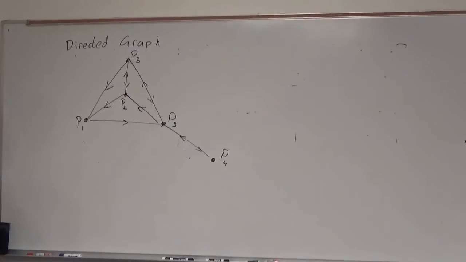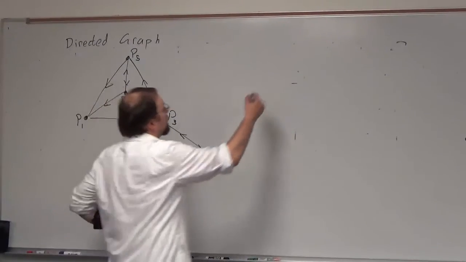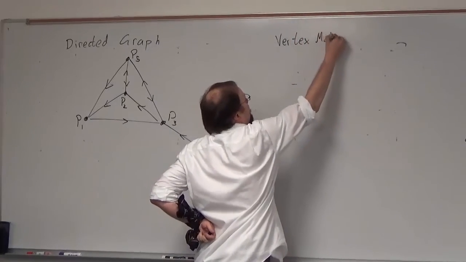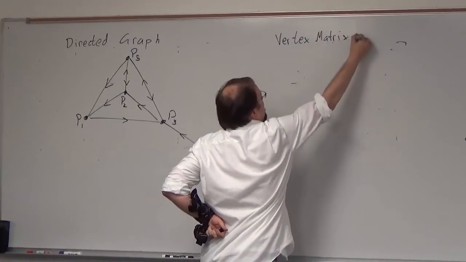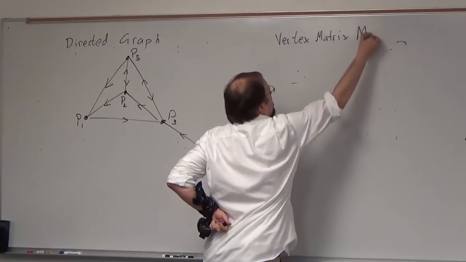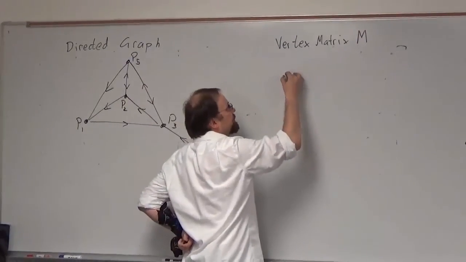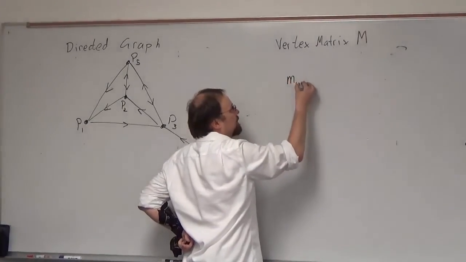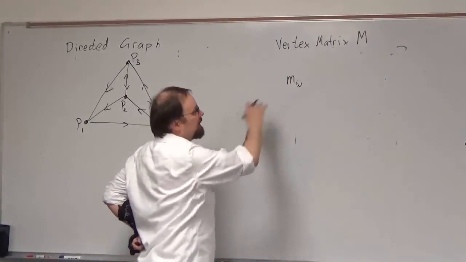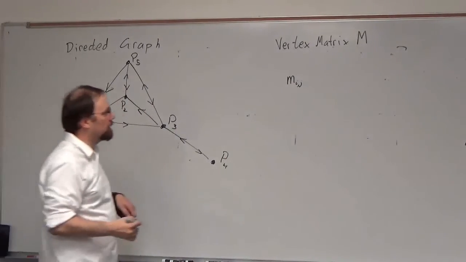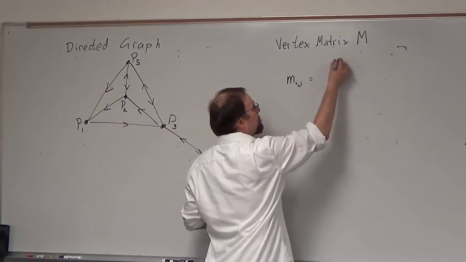Now we can create something called the vertex matrix, M. And the entries of M are defined this way, so let's get used to this more abstract notation. The ijth entry of our matrix, in the ith row, jth column, is either 1 or 0.